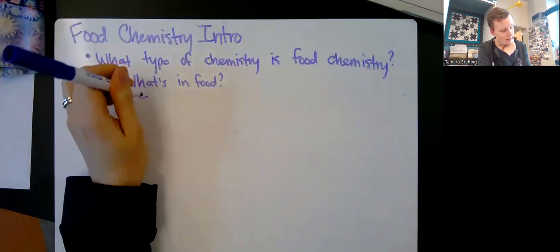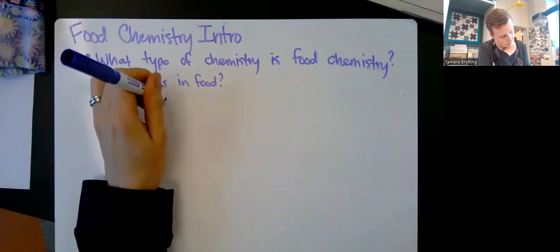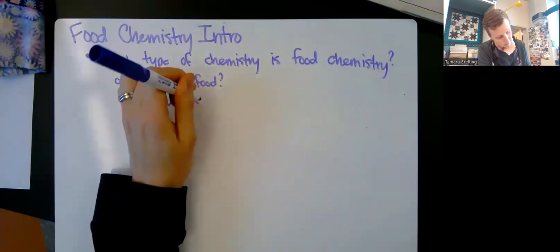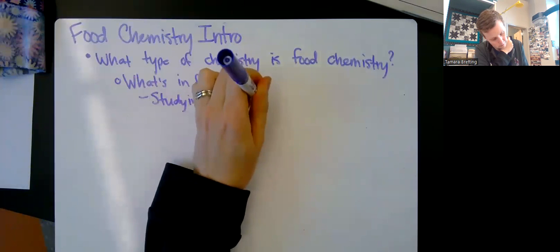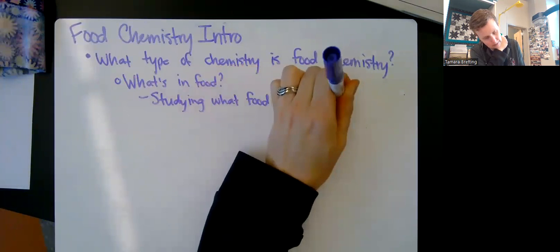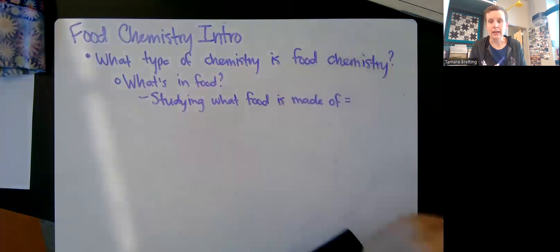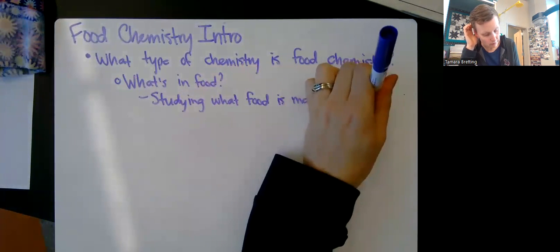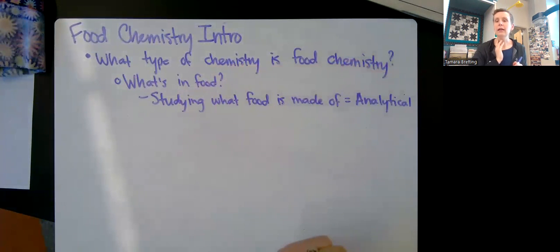If we are looking at that question as studying what food is made of, then that would make it analytical chemistry. Analytical chemistry is always what is this thing made of?